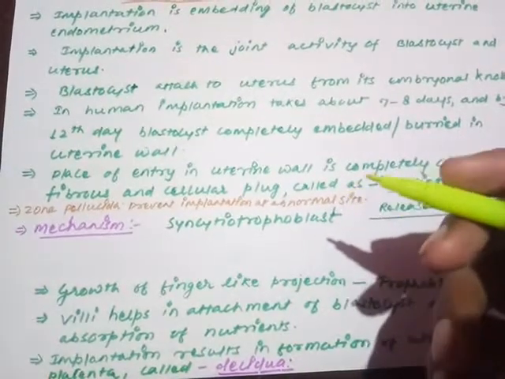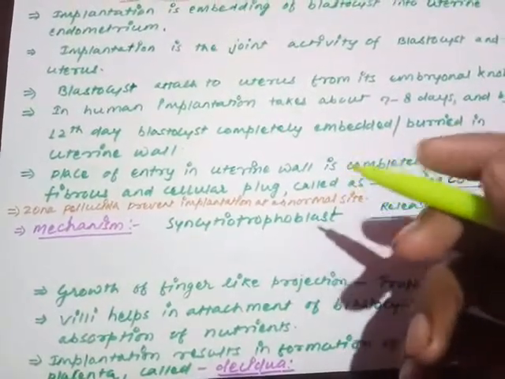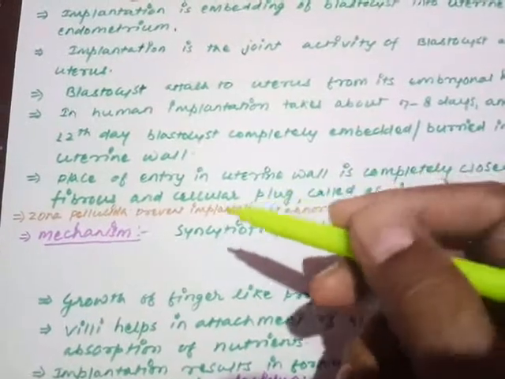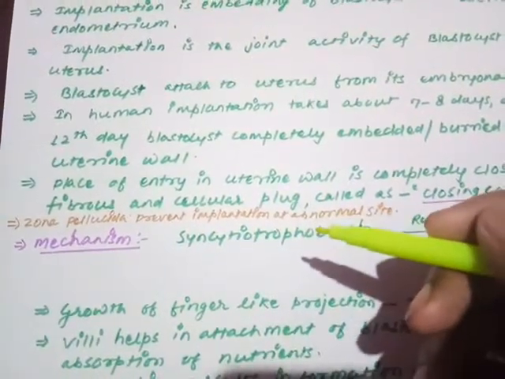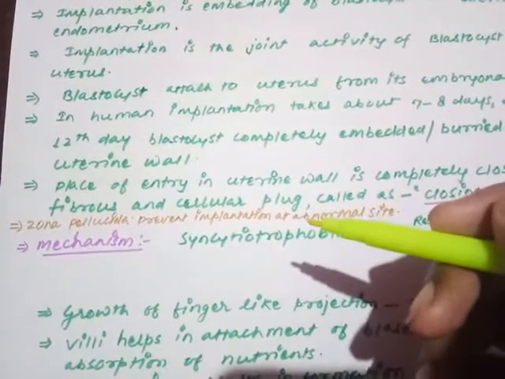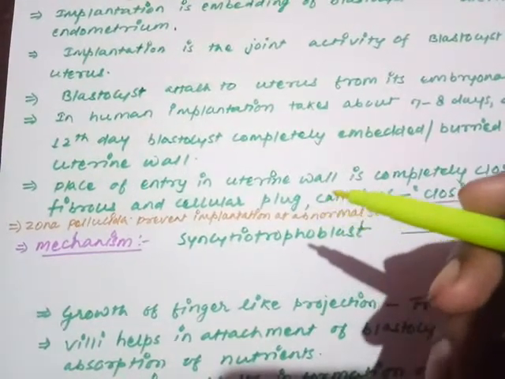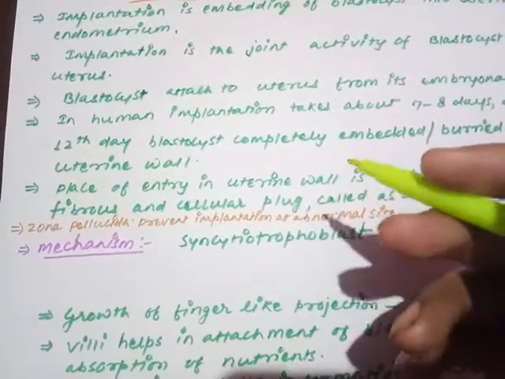One more point you must take care of: until the process of implantation, the zona pellucida is present in the blastocyst. The zona pellucida is very important since it prevents implantation at an abnormal site. If the zona pellucida were not there, implantation may occur at any abnormal site, which may lead to abnormal pregnancies.